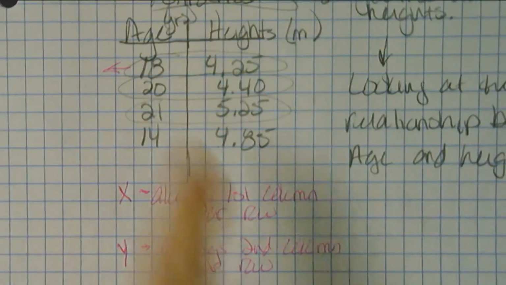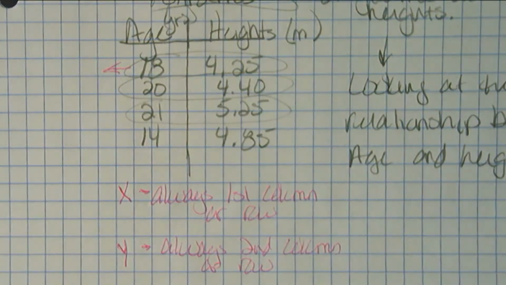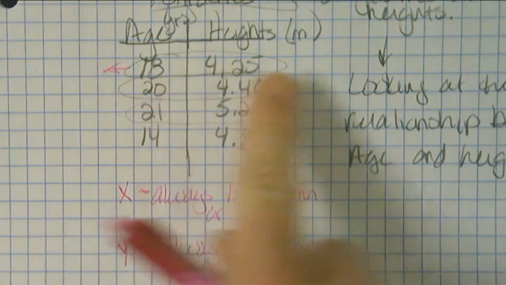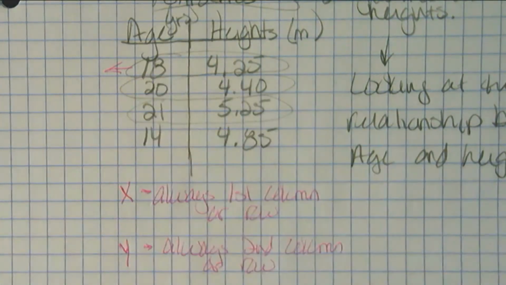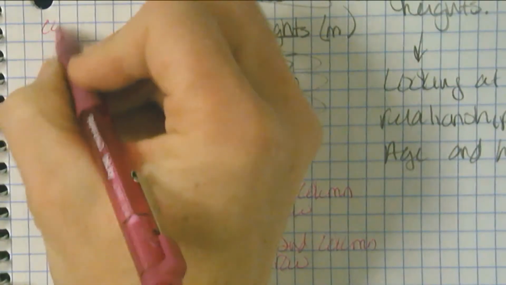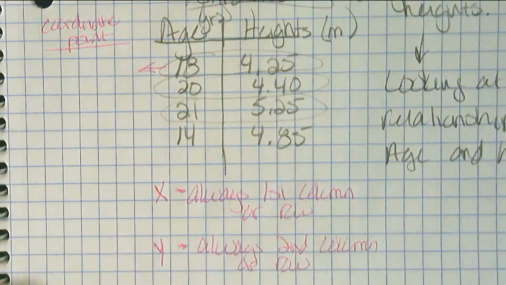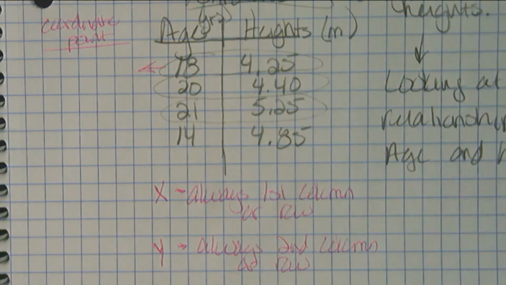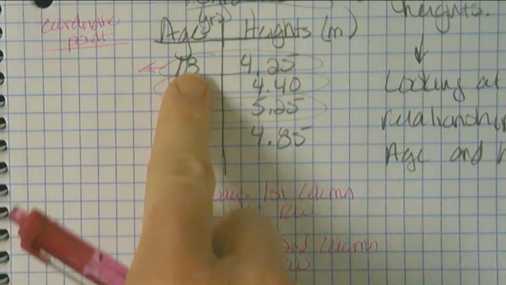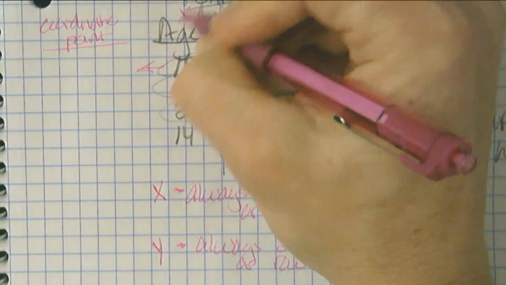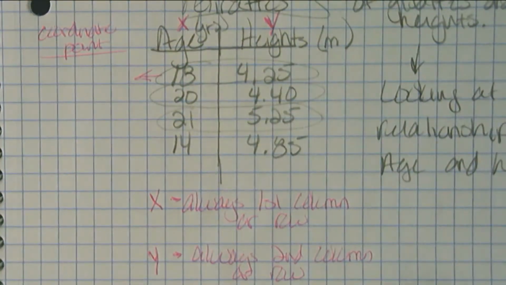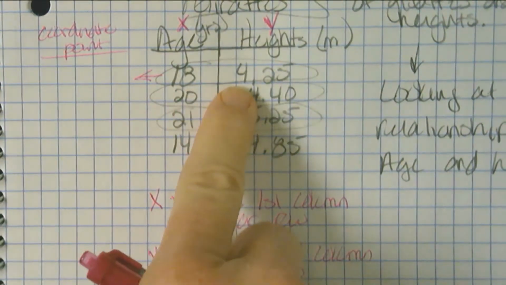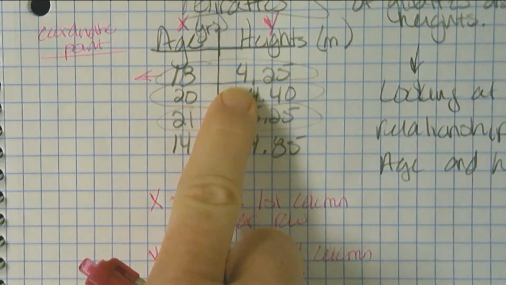So if I was to write this first data point as a coordinate point, an 18-year-old giraffe is 4.25 meters, how would I write that as a coordinate point? My first column is always my x information. My second column is always my y information. So somebody write that first relationship as a coordinate point.